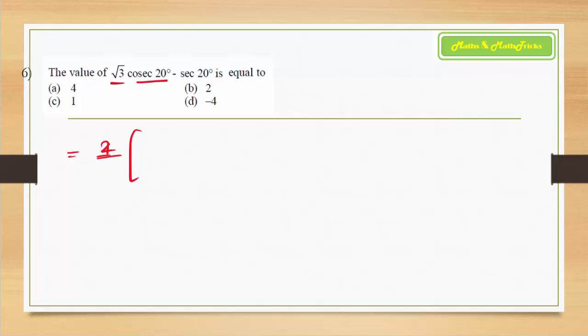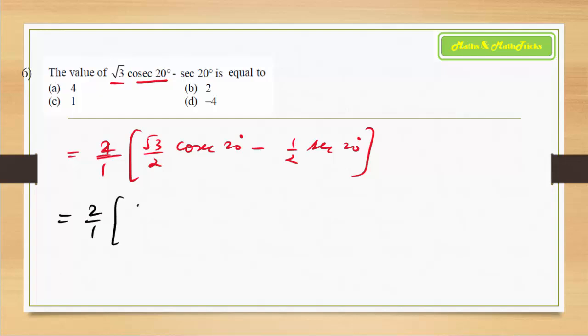The numerator is 2 as it is, and the denominator is root 3 by 2 cosec 20 degrees minus 1 by 2 secant 20 degrees. Converting this into sine and cos, you see root 3 by 2 into 1 by sine 20 degrees minus 1 by 2, 1 by cos 20 degrees.